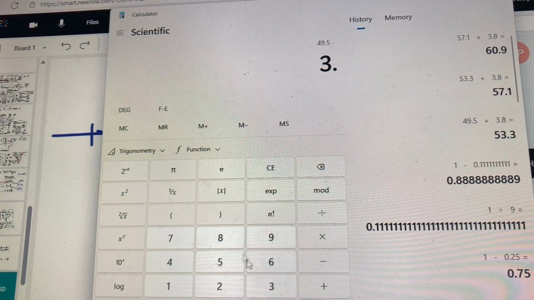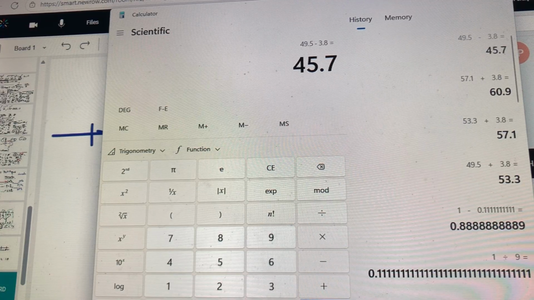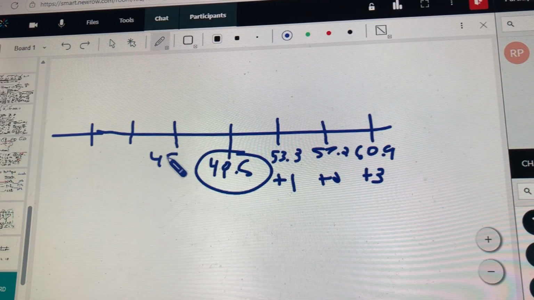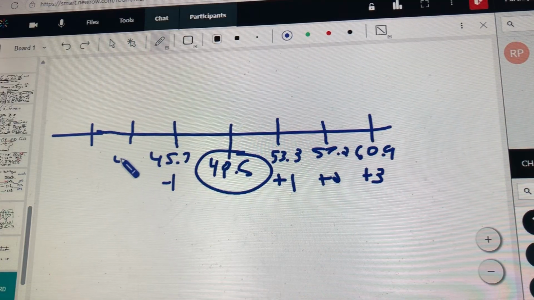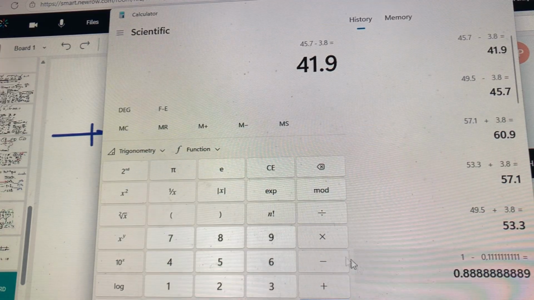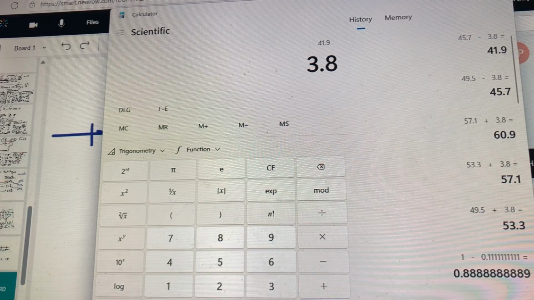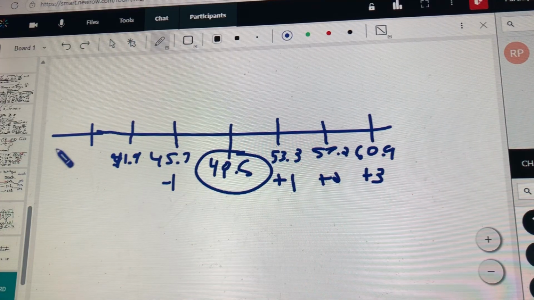Subtract 3.8 three times. So first you get 45.7. That's the -1 spot. Minus 3.8, 41.9. This is supposed to be a 4, not a Y. And then minus 3.8 is 38.1. So there's -2 and -3.